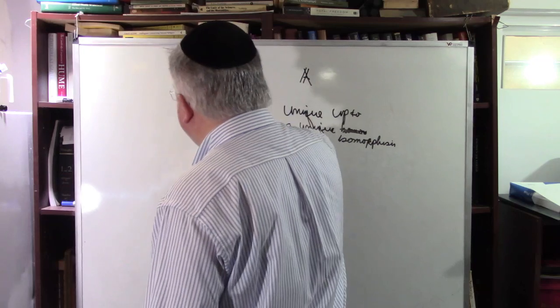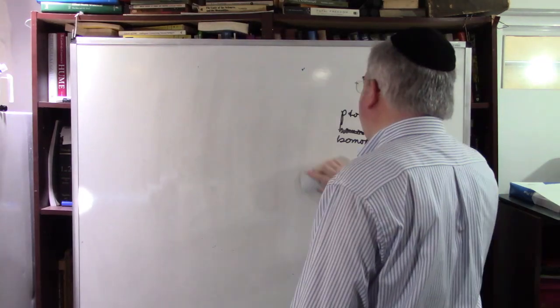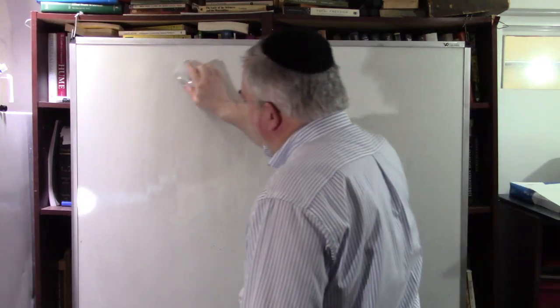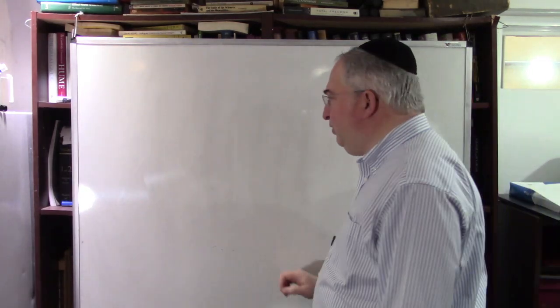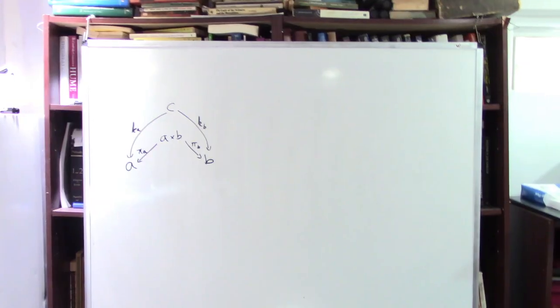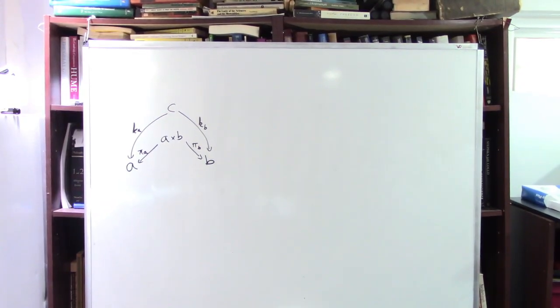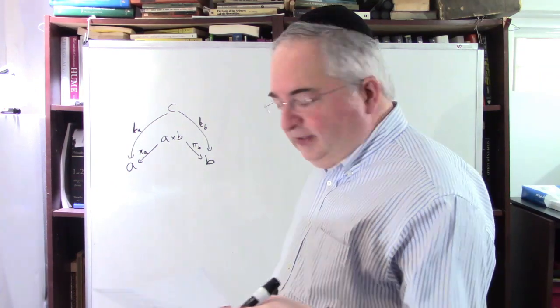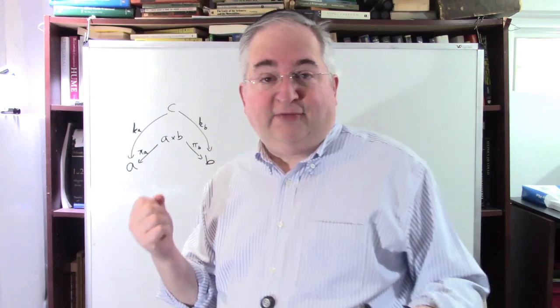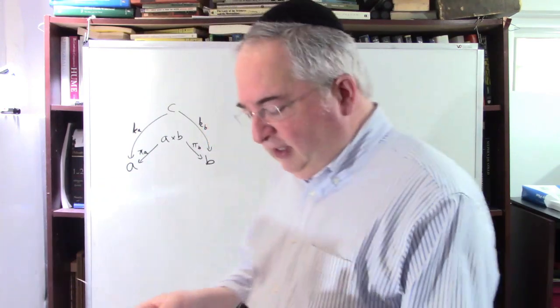Next. I want to write the product in a special way. Okay, there's another way to define the product. We gave a definition. I just want to put it in another way.